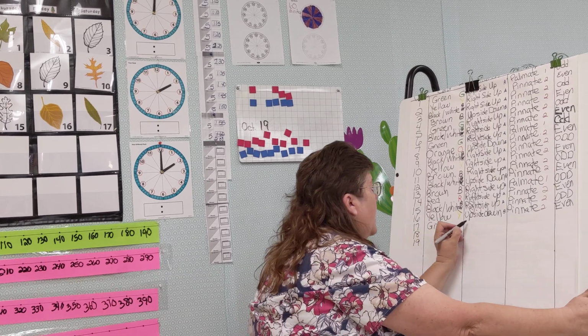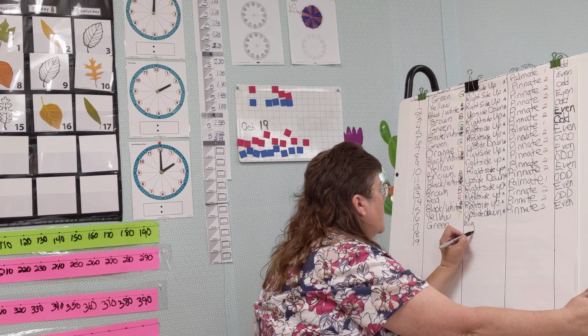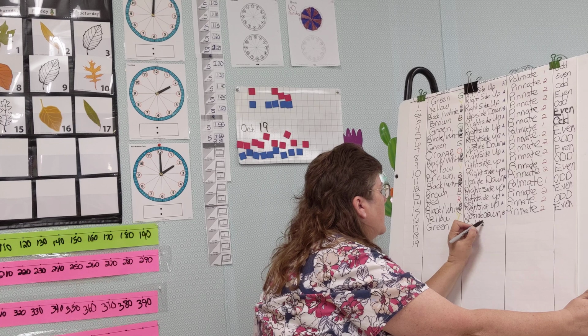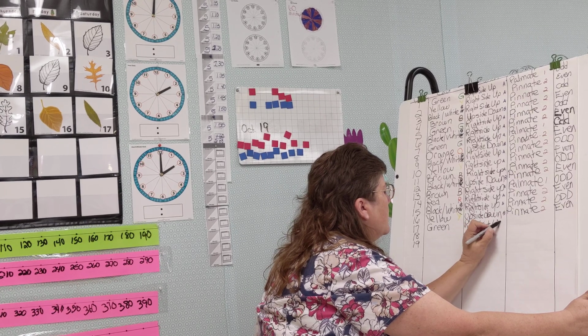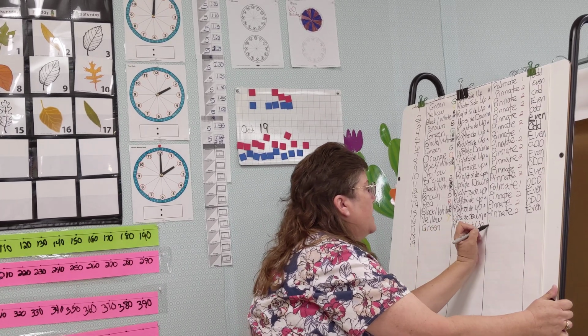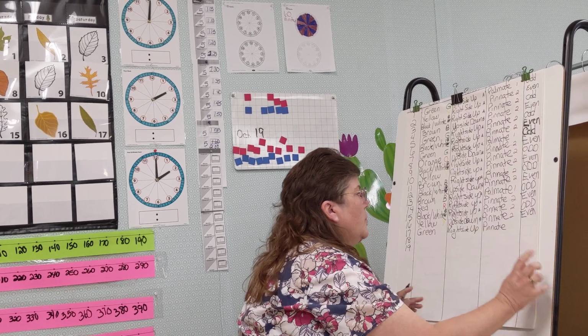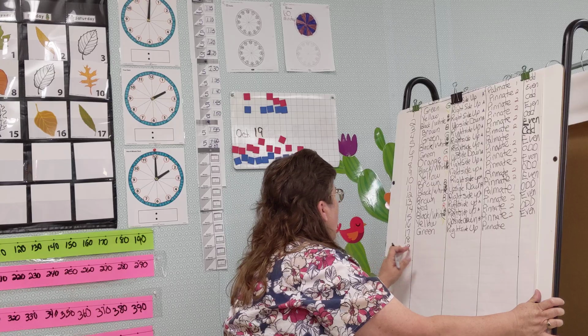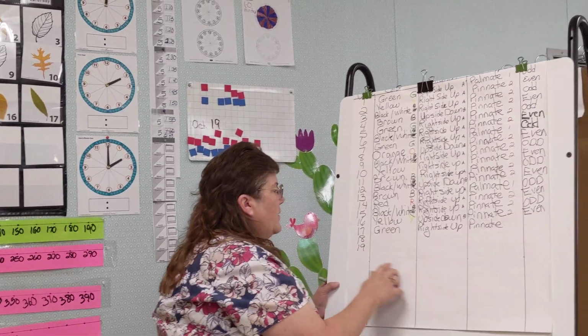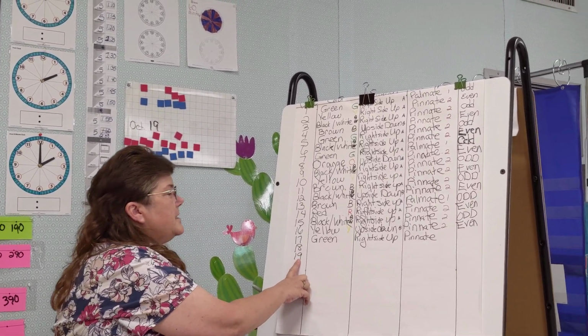It's pointing up. And it's a pinnate. We'll get back to the odd and even. Well, actually, let's go ahead and do odd and even because I'm not going to until the 19th.